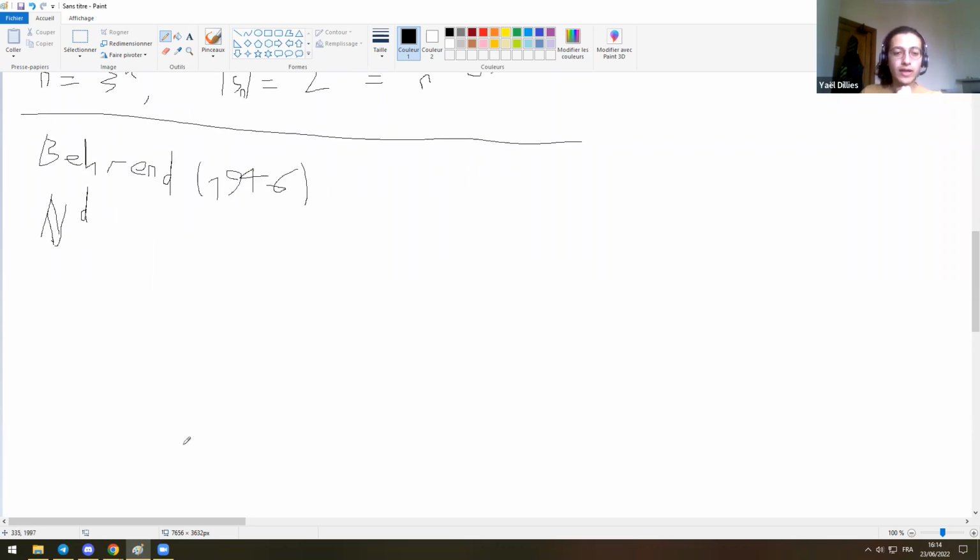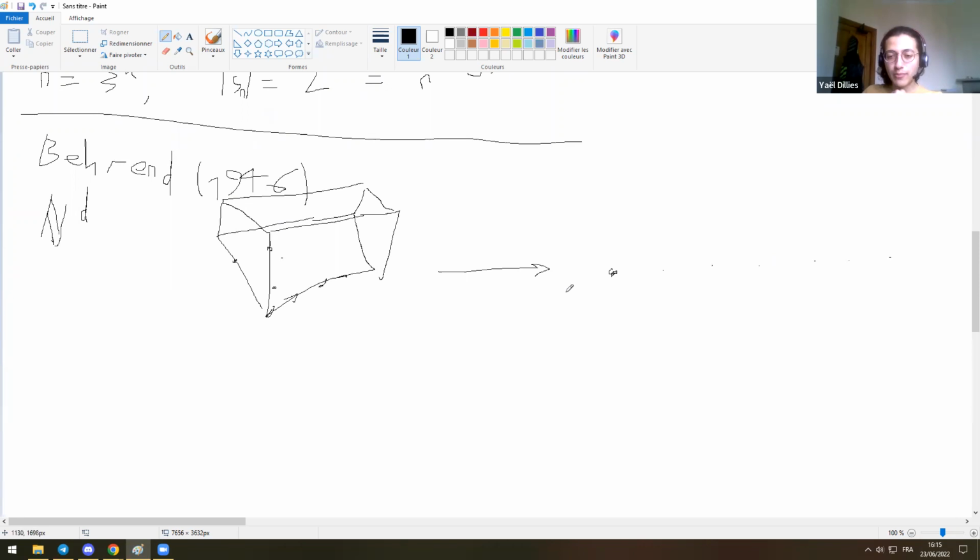Because then, if we have such a set in N to the d, what I can do is send it to N by taking the first component. Well, first, if we have a set which is bounded, so we'll actually assume this is a box rather than all of N to the d. We only care about finite stuff anyway.